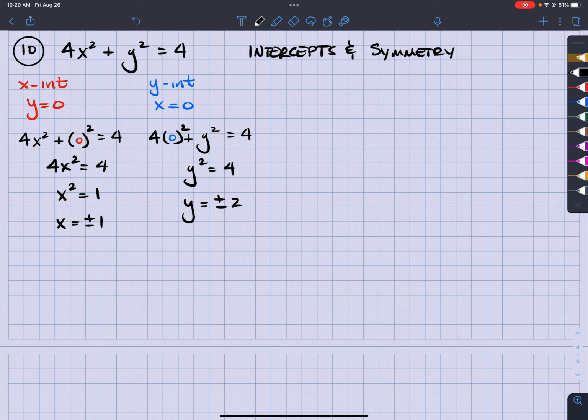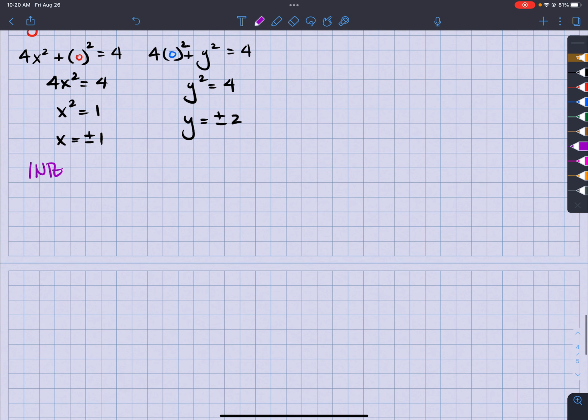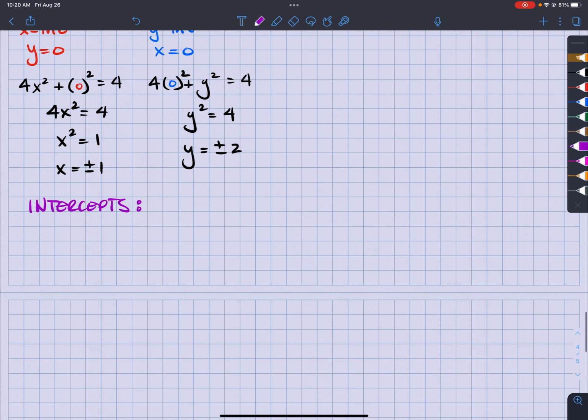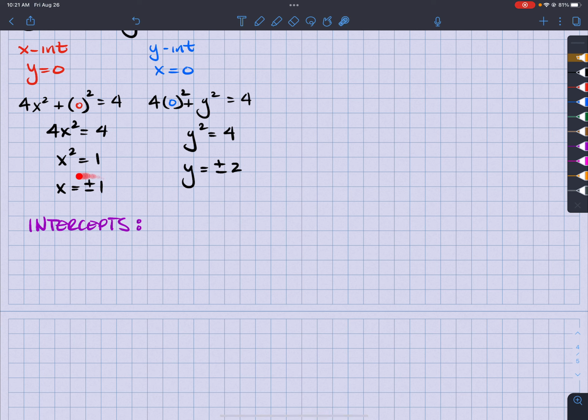So with that being said, for my intercepts, what am I going to have? You see that my x's are going to be positive and negative 1, while my y is going to be 0.